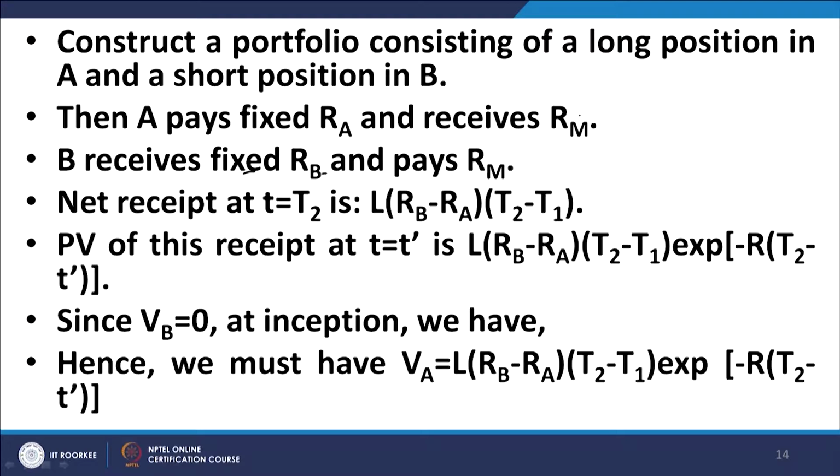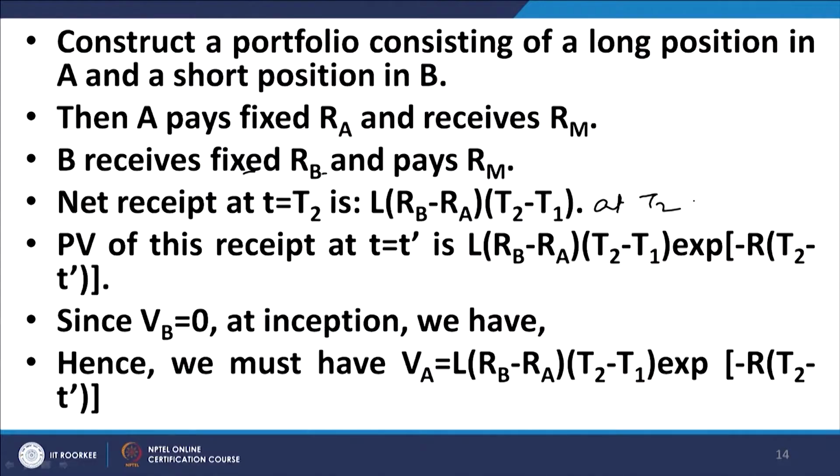Now, remember this amount is supposed to be received at T equal to T2. So, whatever is the present value of this at T equal to T dash will be the value of the FRA A. Why? Because the value of FRA B is 0 at T dash. It has been initiated, it has been negotiated at T dash, and therefore, its value at T dash is 0.